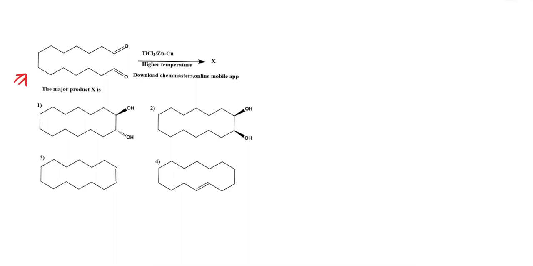I always suggest that chemistry aspirants, whenever they are going to solve organic problems, should follow 6 steps. The first step is to look at the reactant for the possible functional groups which may be involved in the reaction.